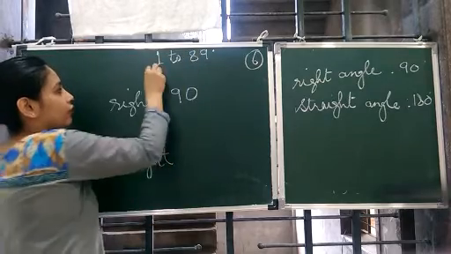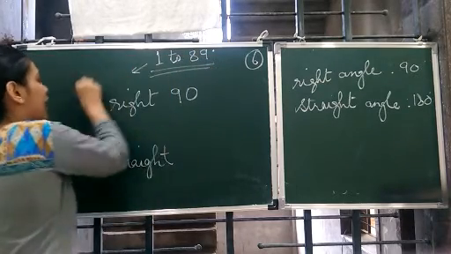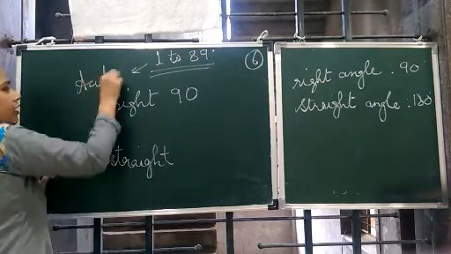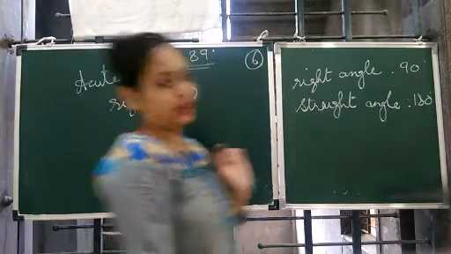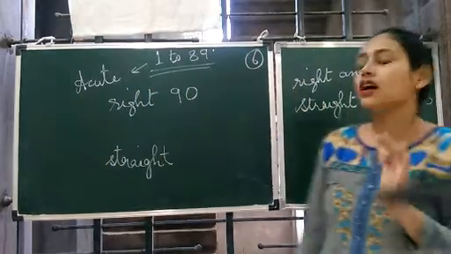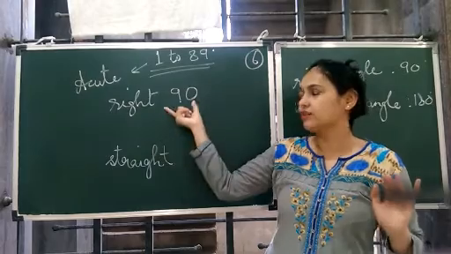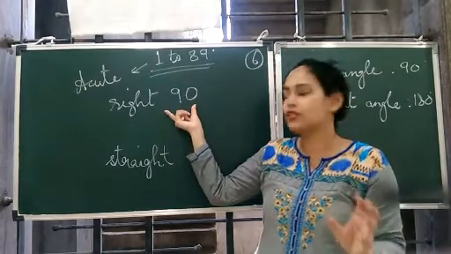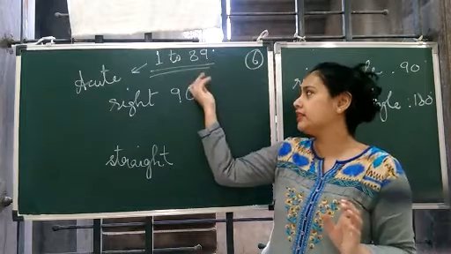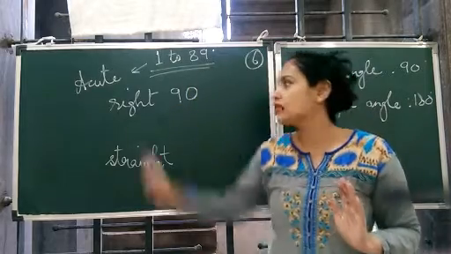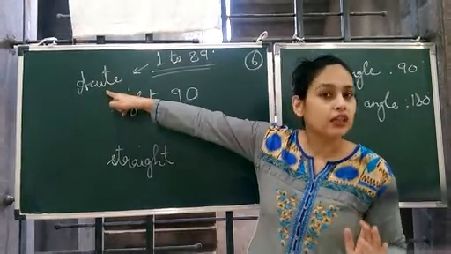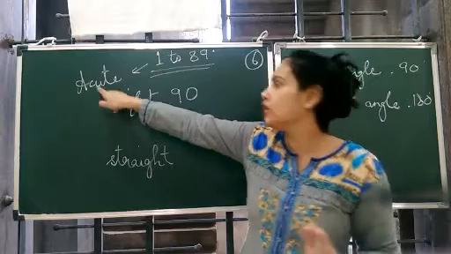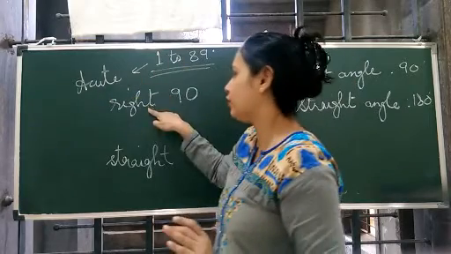What are they known as? They are known as acute angles, angles whose measure is less than 90 degree. So we know acute angle, we know right angle.